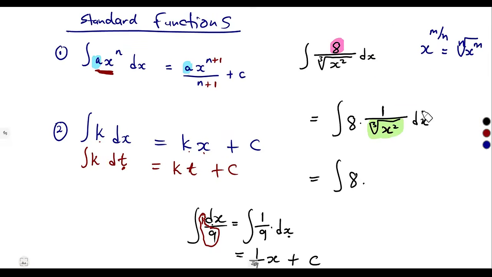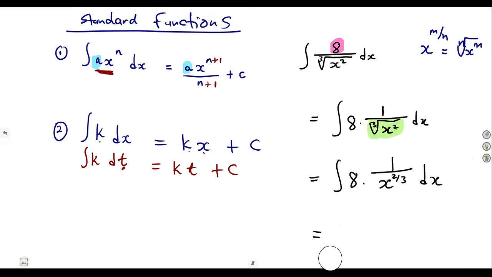So it means this was going to be what? This was going to be 1 over x to the exponent of what? We want to take this back. So it's m over n, 2 over 3, m over n, 2 over 3. So that's 2 over 3 with respect to x. So this is it. So we're going to have the integral of what?